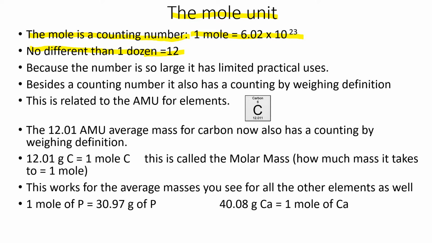We can talk about a dozen eggs, a dozen donuts, a dozen pencils. A dozen's always 12. A mole is always 6.02 times 10 to the 23rd in terms of it acting as a counting number. But we're going to have trouble using that as a real counting number, because the number is so large, it has limited practical uses.